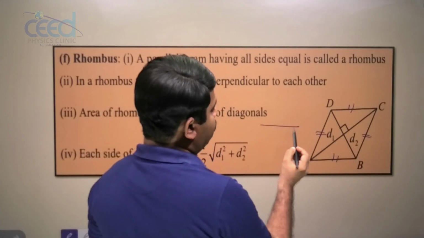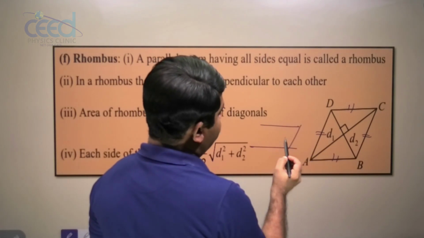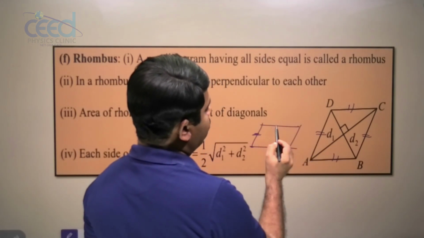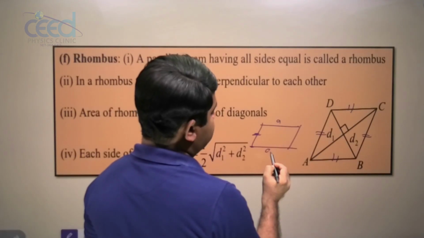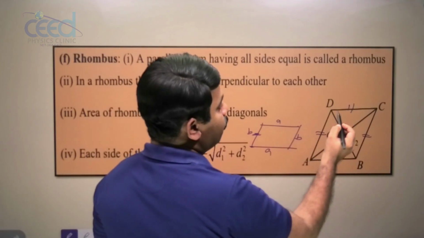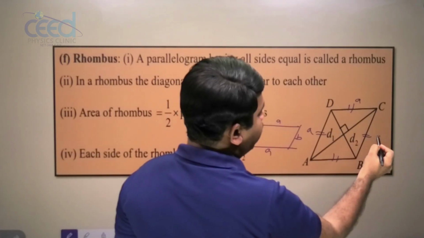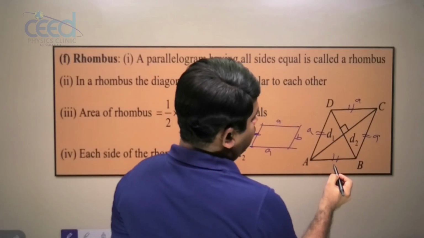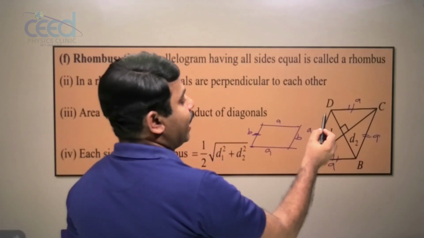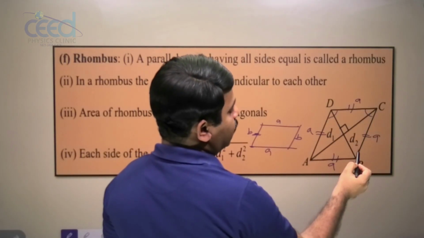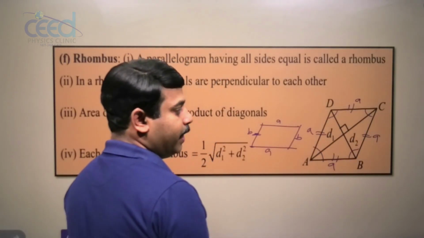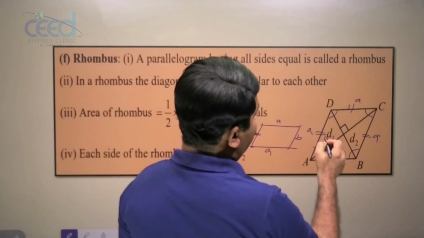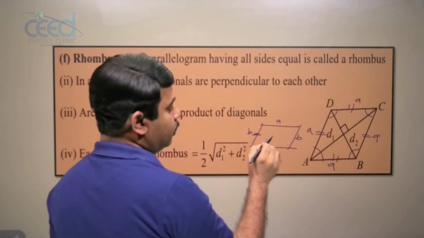For a parallelogram, this length should not be equal to this length. This is A, this is A, but this is B, this is B. But in a rhombus all the lengths should be A here. And the angles are not 90 degrees.